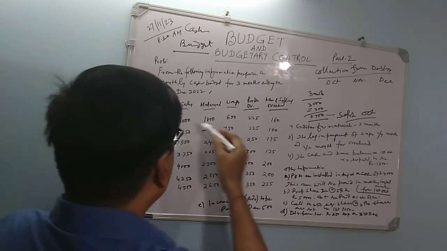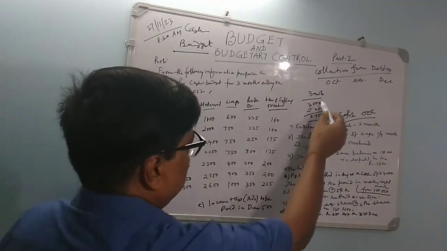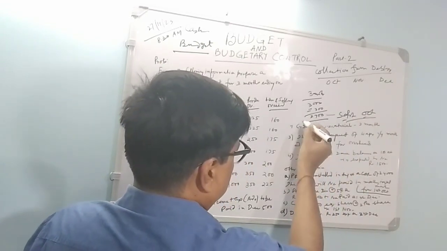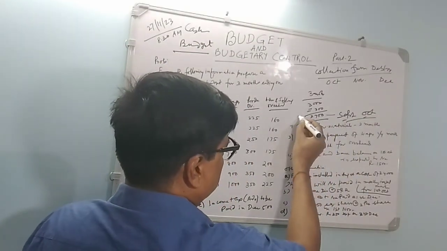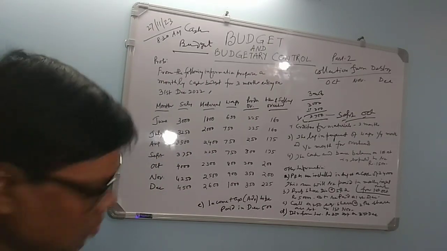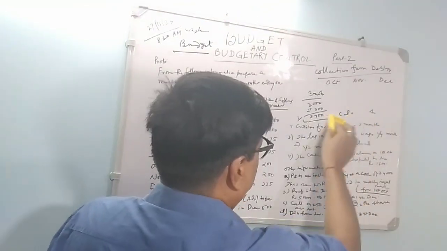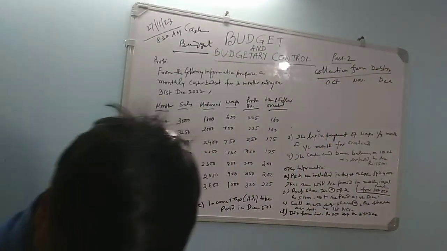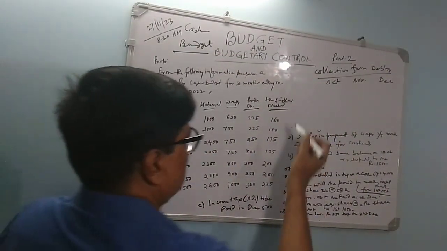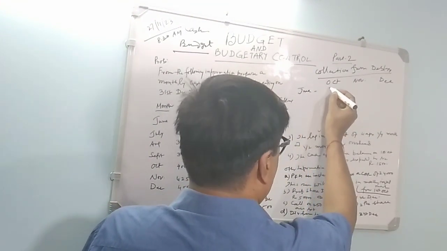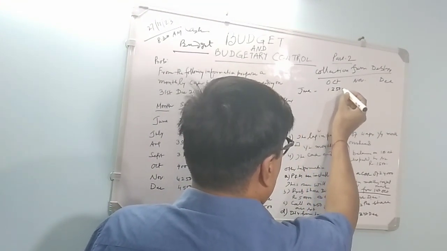So that June month 3000 should be September one portion and October 50%, that means 1350. So June month's payment will come in October, 1350.